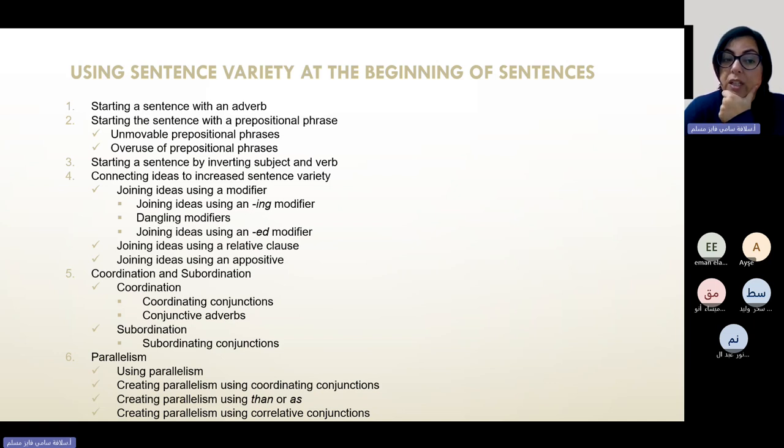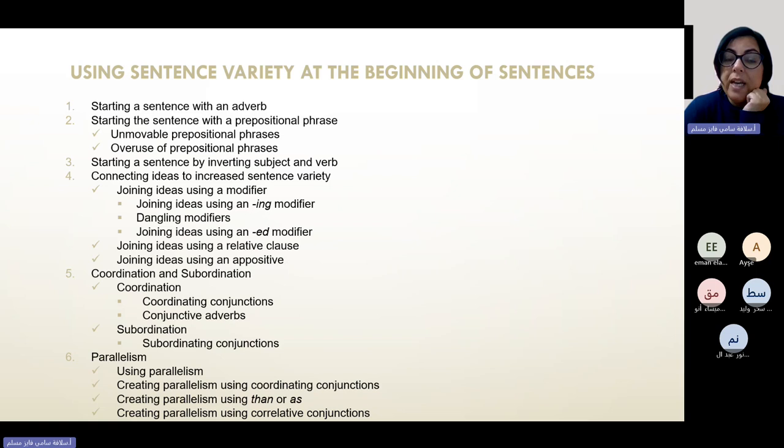Connecting ideas to increase sentence variety through joining ideas using modifiers. We have an -ing modifier, we have an -ed modifier, or we can join ideas using a relative clause, or we can join ideas using an appositive.